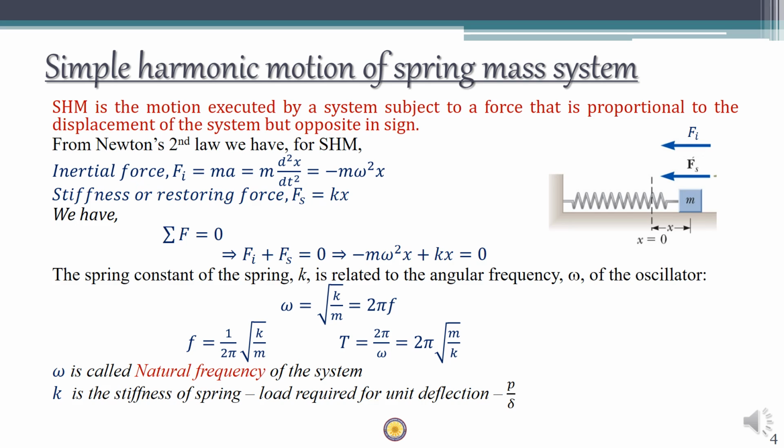The initial position was this dotted line, and from there an initial displacement of x was given. Obviously, the spring will exert a restoring force on the mass, which is Fs. This restoring force Fs is nothing but k into x, where k is the spring constant and x is the displacement. This is nothing but Hooke's law.